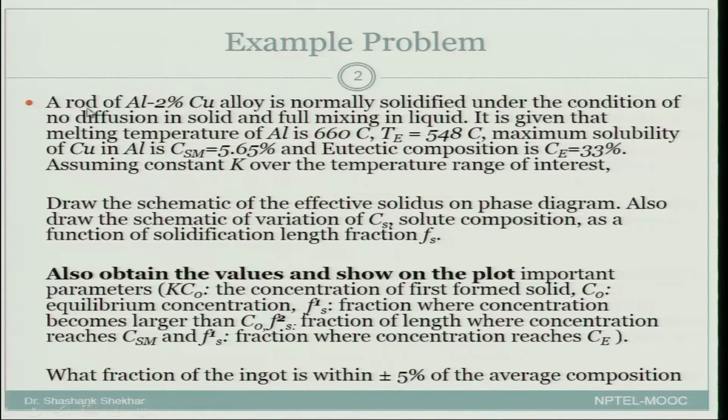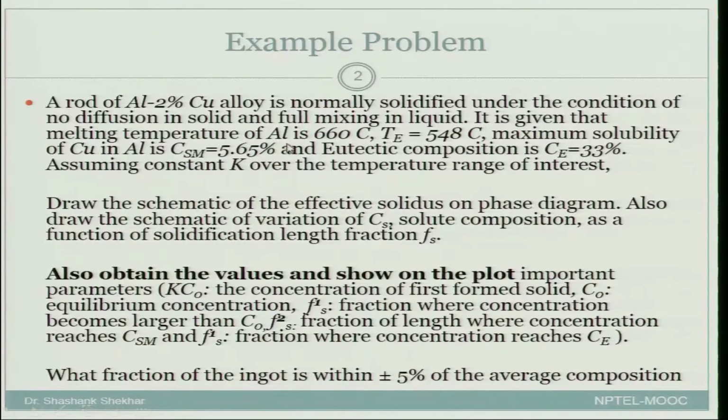It says that a rod of aluminum 2% copper, meaning aluminum is the main content and copper is the added ingredient, is normally solidified under the condition of no diffusion in solid and full mixing in liquid.